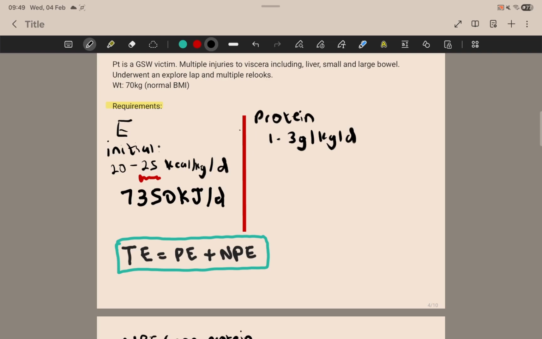Then we move on to protein. With protein, I'm using 1.3 grams per kilogram per day. That gives me 91 grams per day. But we have to convert this amount to nitrogen.